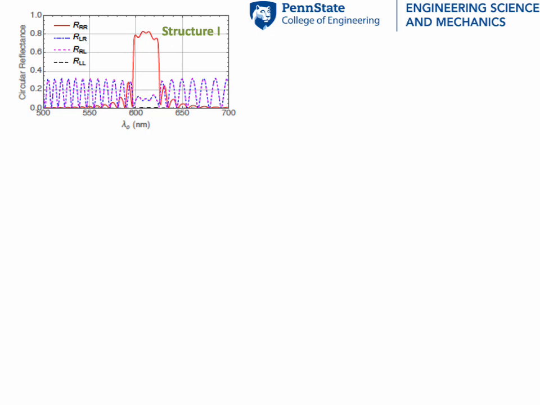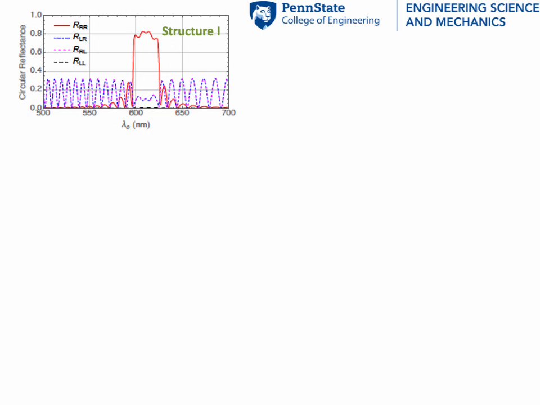Structure 1 is perfectly ordered. I calculated its 4 circular reflectances. R sub LL is the reflectance of incident left circularly polarized light as left circularly polarized light, that is, without change of polarization state. R sub RR is the reflectance of incident right circularly polarized light as right circularly polarized light.